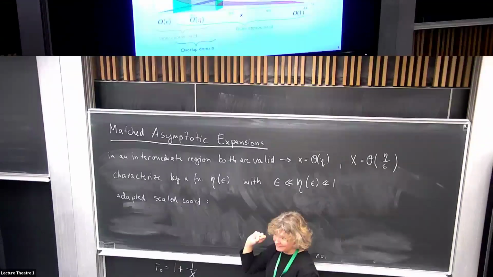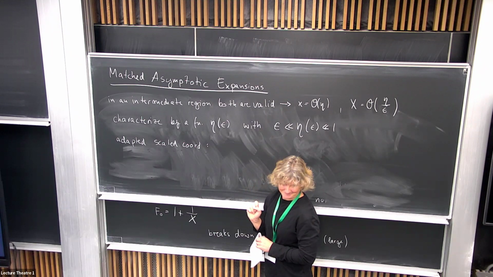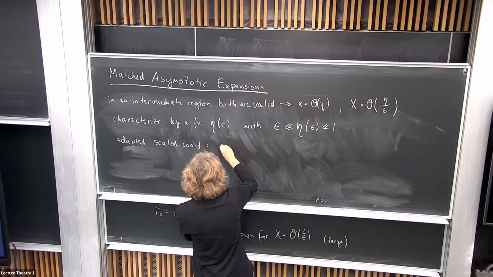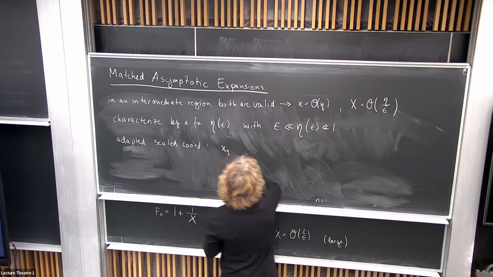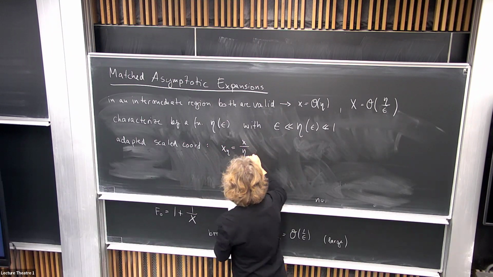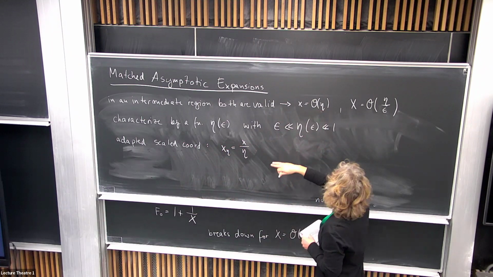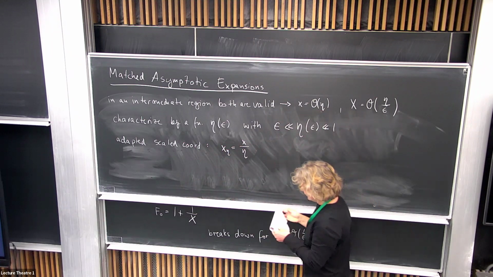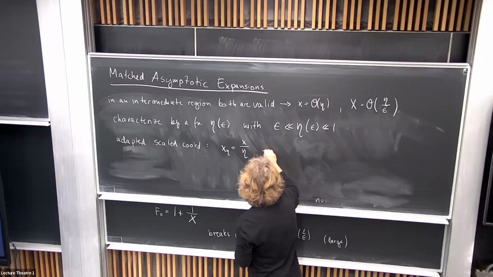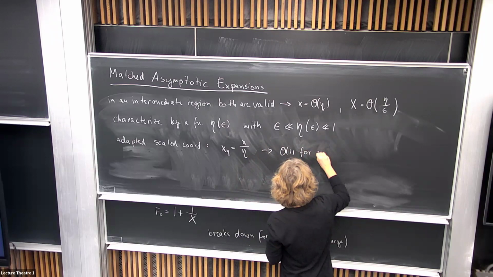Perfect. Let's call it x eta, because now we have too many x's. So x divided by eta. And it is order 1 when x is order eta. And you can also work out that this is also satisfied, order 1 for big X equals order eta over epsilon.